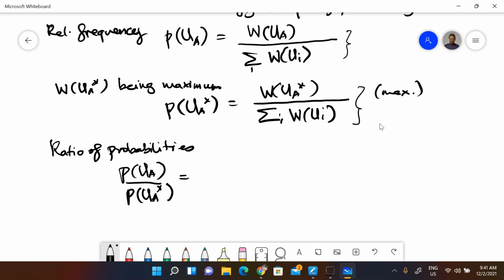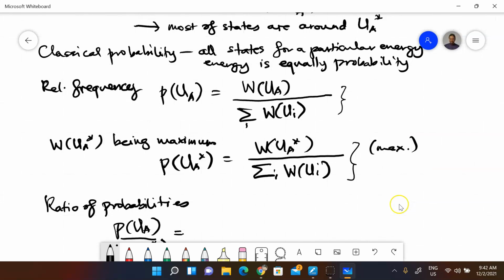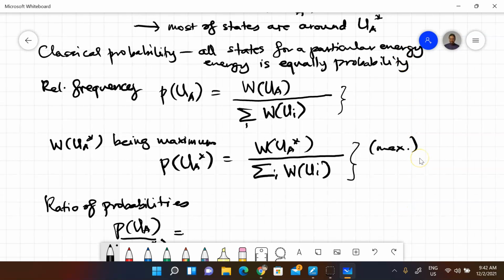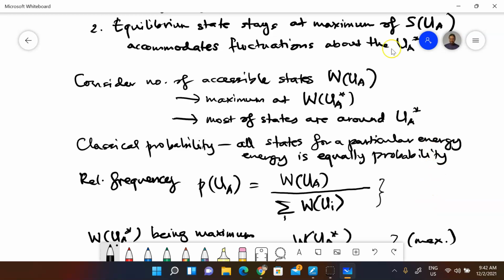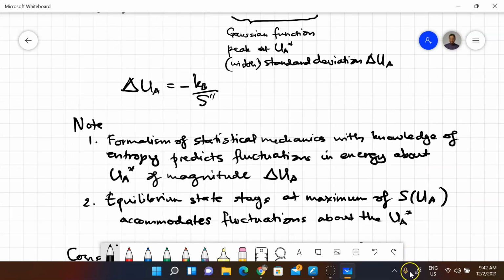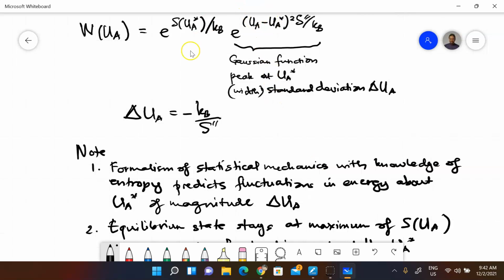Okay, and we already have this. Are you seeing my cursor, by the way? Can you move around? Okay, good.